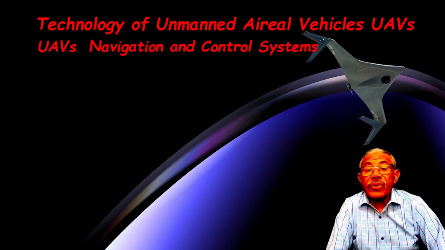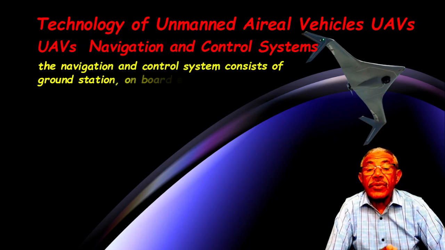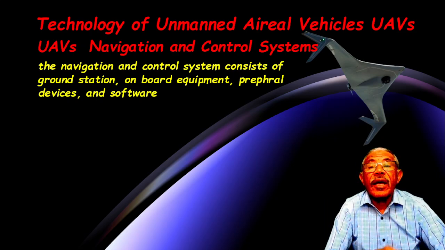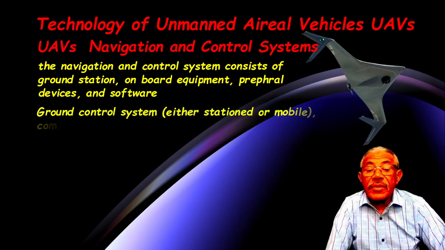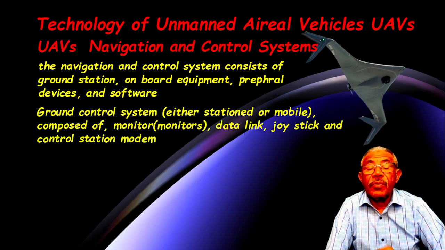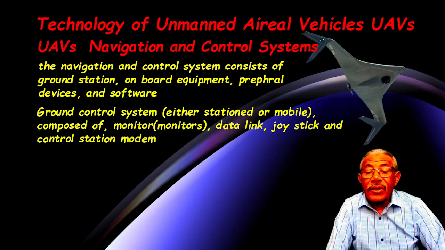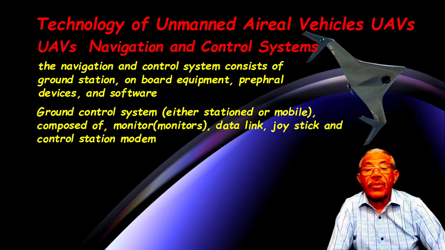UAV navigation and control systems. The navigation and control systems consist of the ground station, on-board equipment, peripheral devices, and software. Ground control systems, either stationary or mobile, are composed of monitor or monitors, data link, joystick or joysticks, and a control station modem.